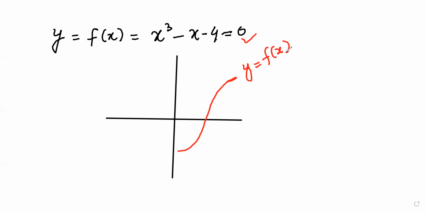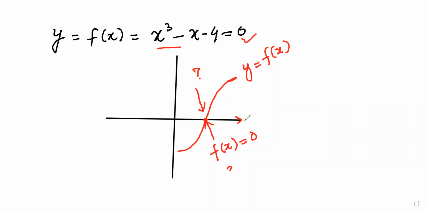This is how the graph looks. Now look at this point along the x-axis. This is the point at which our function f of x is equal to 0. Therefore, this value of x is one of the solutions of this equation. We have to find the value of this x.